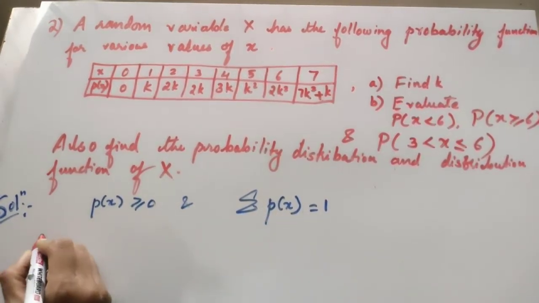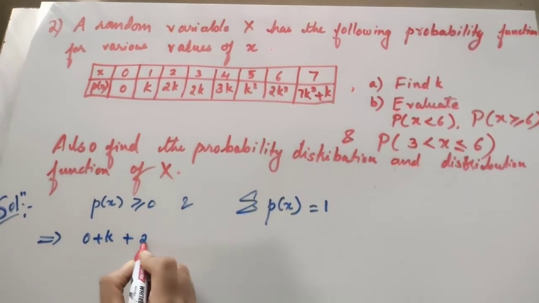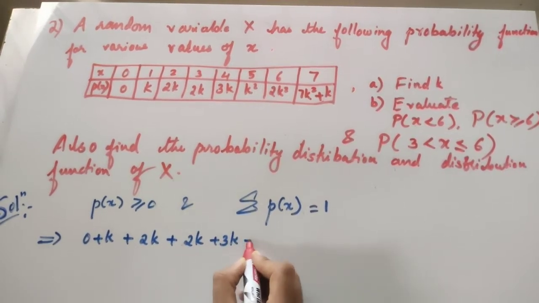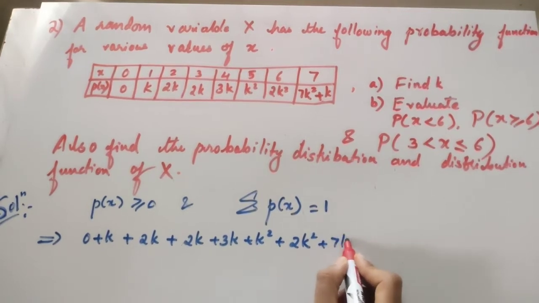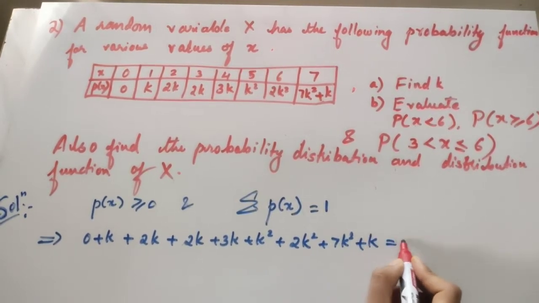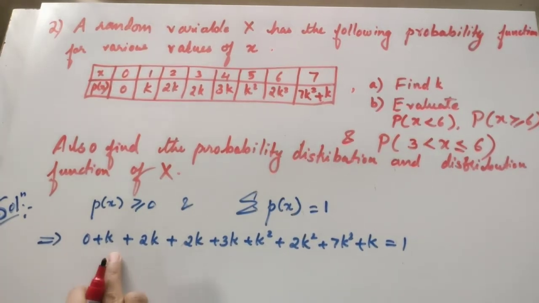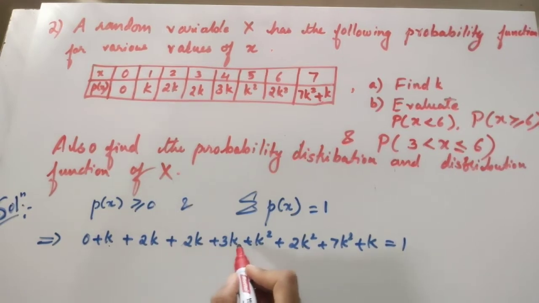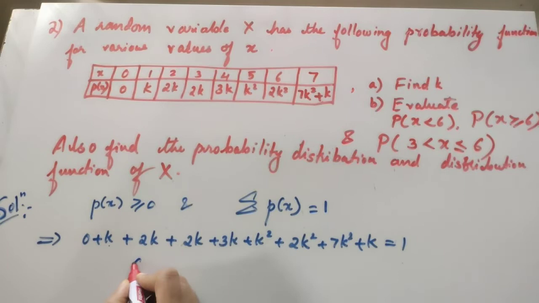Referring to this property, by definition we have 0 plus k plus 2k plus 2k plus 3k plus k square plus 2k square plus 7k square plus k must be equal to 1. Adding up the k terms: k plus 2k, 3k, 5k, 8k, 9k. So totally 9k.